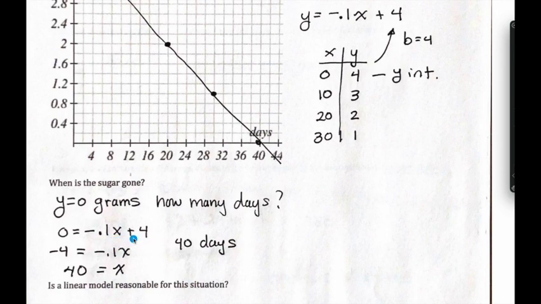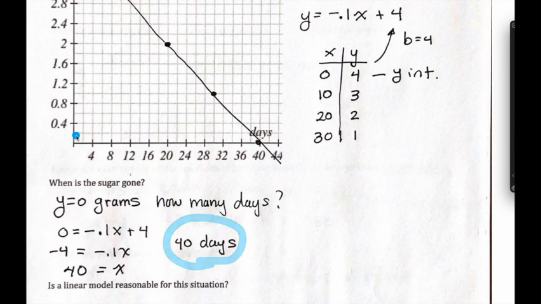So I have to subtract 4 from both sides. If I want to solve this for X, I'm going to subtract 4 from both sides. And then I'm going to divide by negative 0.1 on both sides. And a negative divided by a negative will give me a positive. And when I take 4 divided by 0.1, that's going to give me 40, which means 40 days.